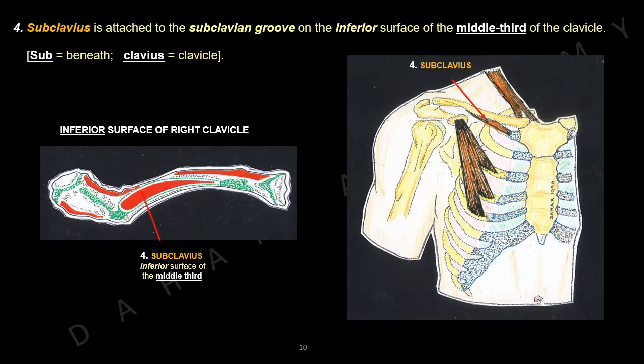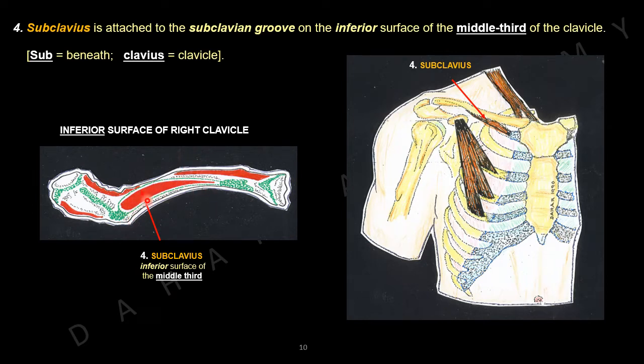The fourth muscle attached to the clavicle is the subclavius muscle. Sub means below or beneath, clavius means clavicle. So let's see this diagram. This is the inferior surface of the clavicle. This is the middle third of the inferior surface.